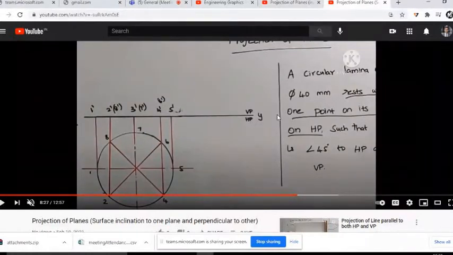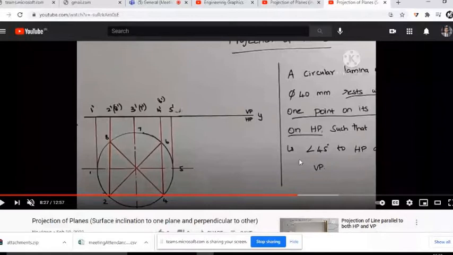As I told before, the next step is to draw the surface inclination. In which view will the surface inclination be visible? Front view. So you need to apply the surface inclination in the front view.